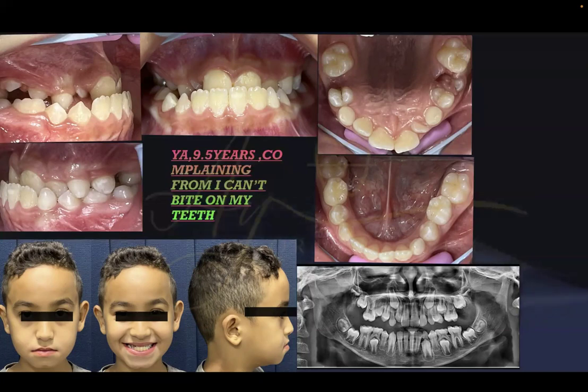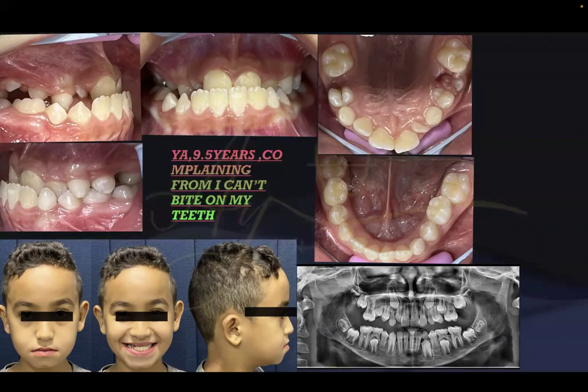The lower occlusal photo shows all the permanent teeth from 6 to 6 except the 5s, and the deciduous second molars are present on both sides, and the left deciduous canine is also present.